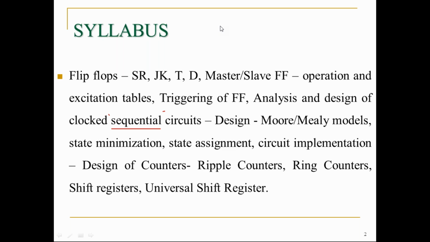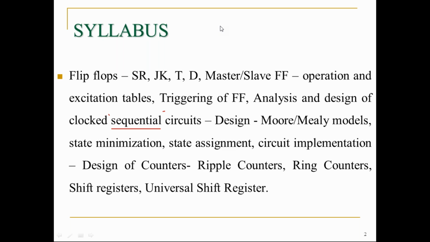This topic deals with the definition of a sequential circuit, then the comparison between the sequential circuit and the combinational circuit, and then latches. Another important thing we are going to discuss in this chapter is latches, also called flip-flops.